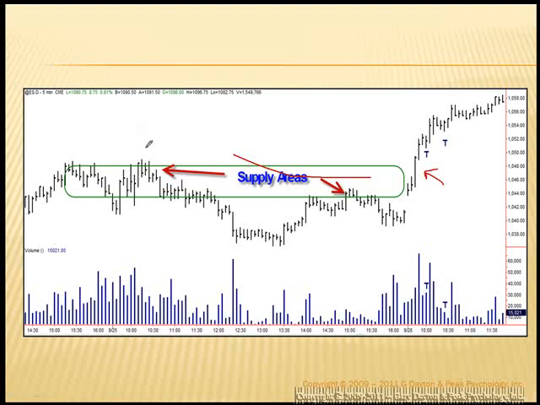For example, this is just a little bit of a high up here. They're watching this bar coming up, and they're saying, oh, this thing is about to run to the moon, and they buy up in here.